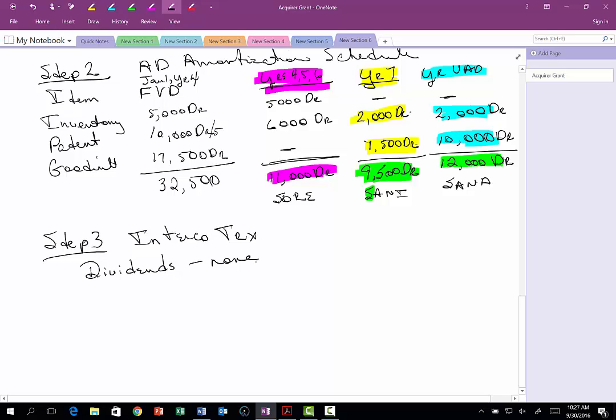Okay, there are no dividends. Perfect. All right, so some other things that we would look for is there in fact accumulated depreciation at acquisition we should get rid of? We'd have to be told that in the problem. We're not told that in this problem, so we don't have to worry about it.